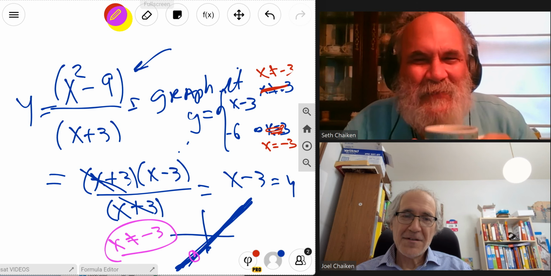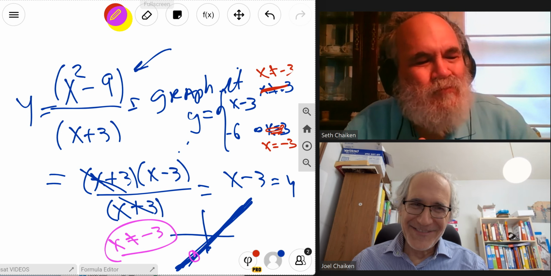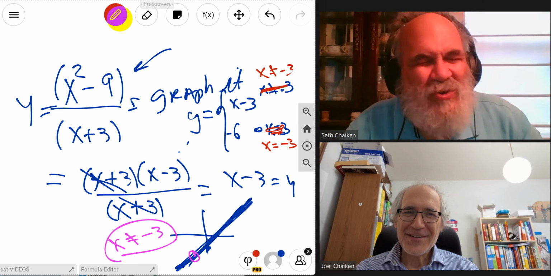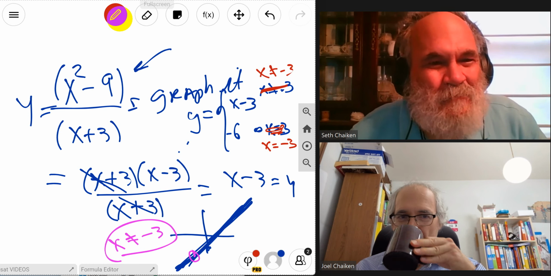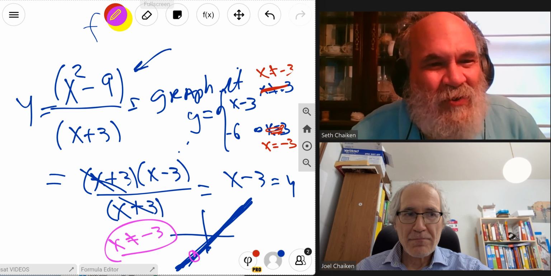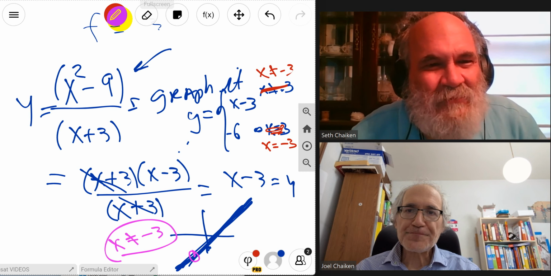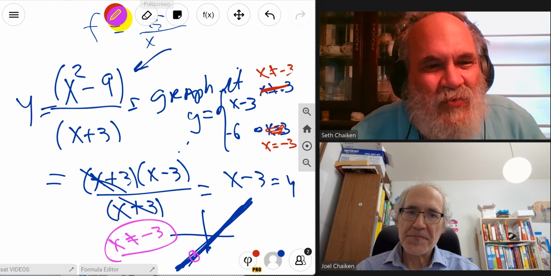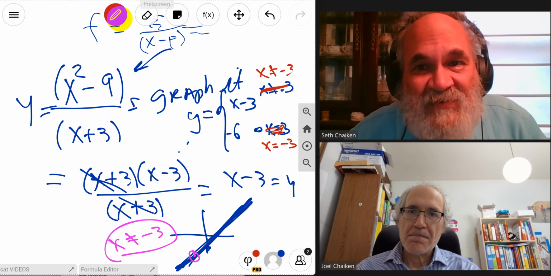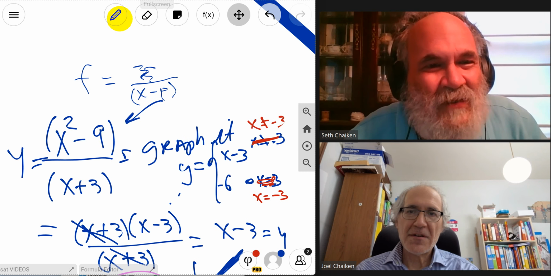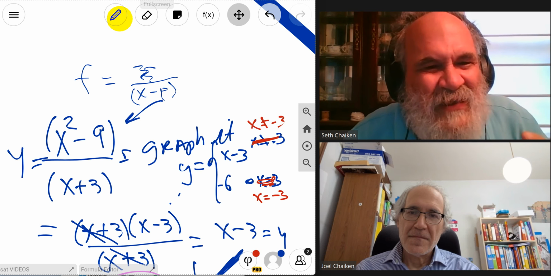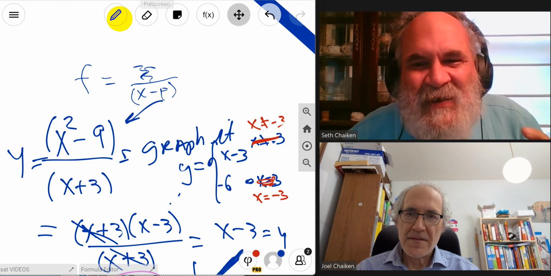A function has a pole when it is something divided by x minus p.